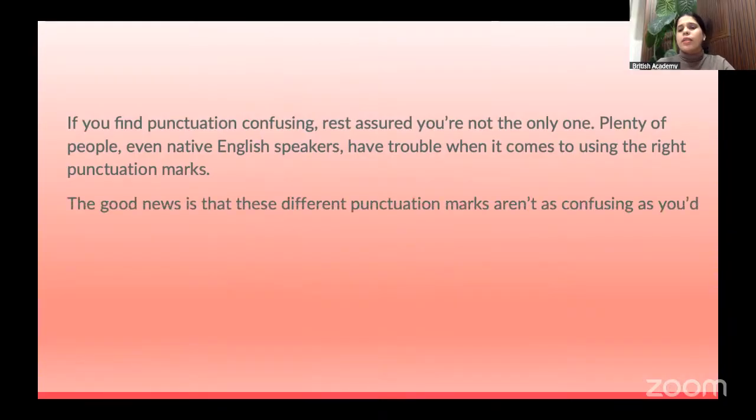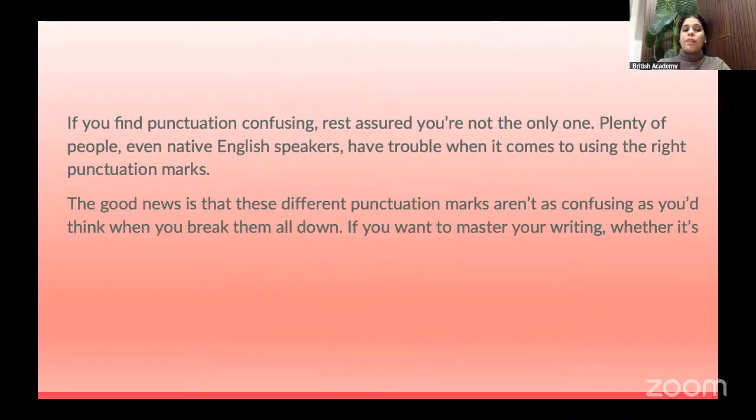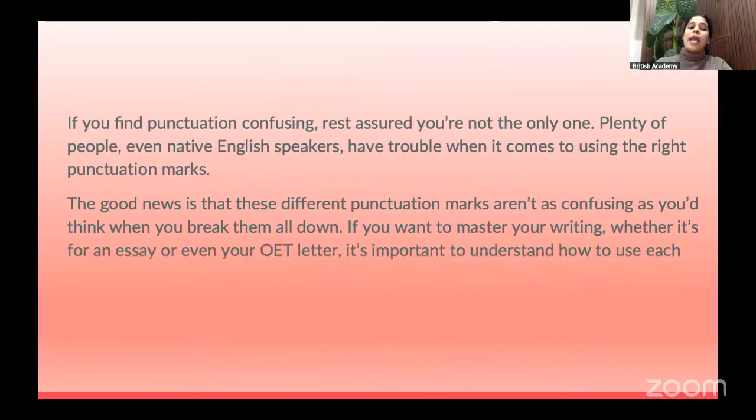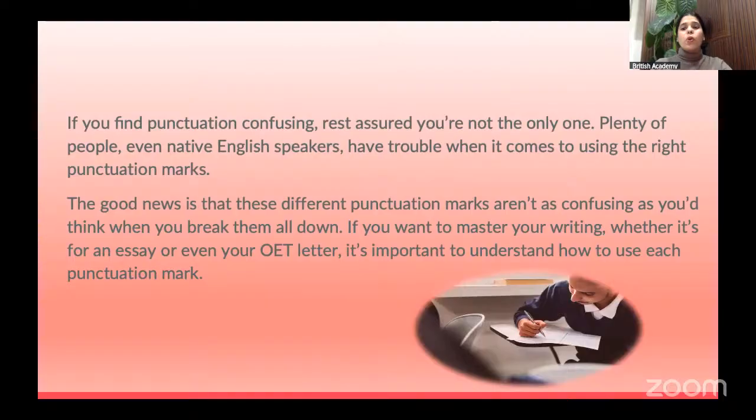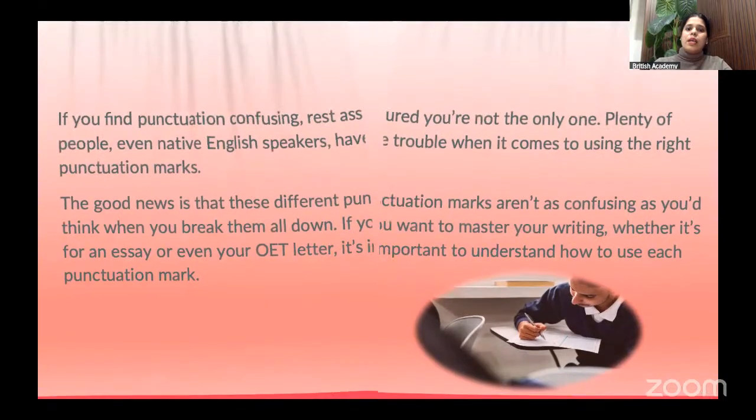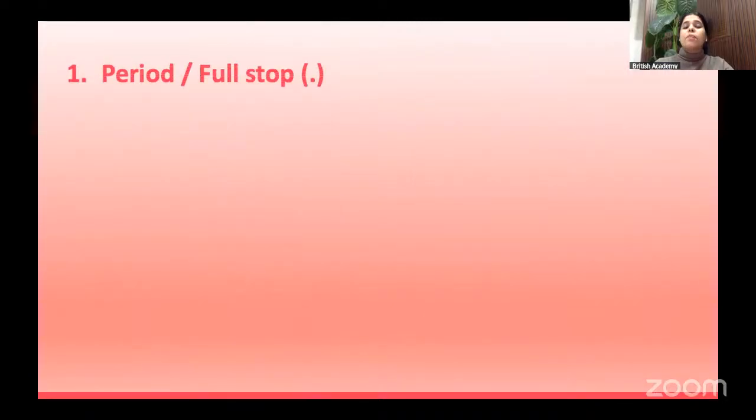They aren't as confusing as you think when you break them down and understand them. If you want to master your writing, whether it's an essay or an OET letter, it is very important to know how to use each punctuation mark. So today we are going to learn about it in detail. Stay tuned in. The first and most common one is the full stop.